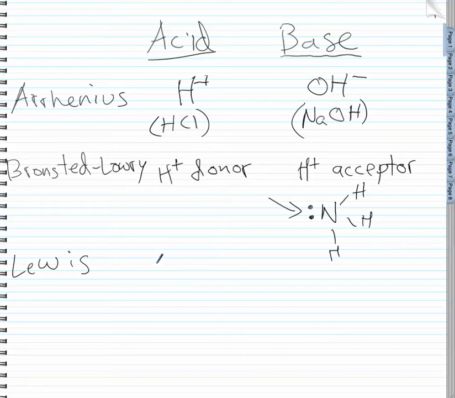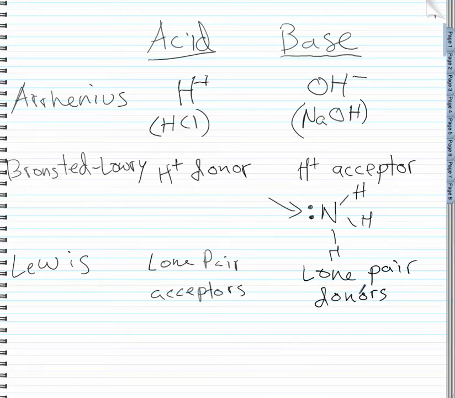Because they are electron poor, what they're willing to do is accept a lone pair. So as we switch it around, Lewis acids are lone pair acceptors, and bases are lone pair donors.